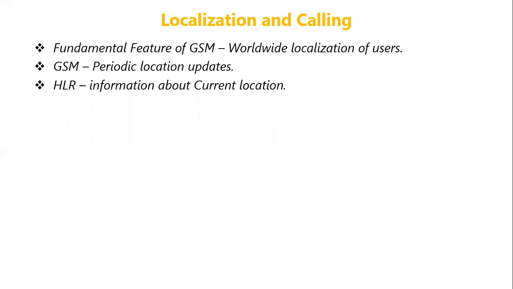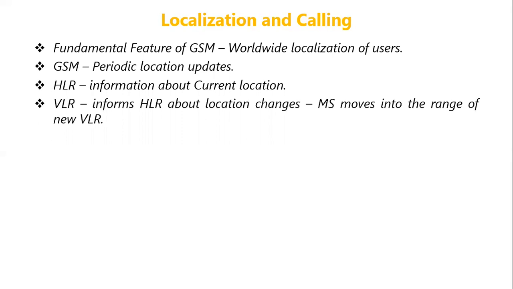The HLR, or Home Location Register, always contains the information about the current location of the user. Similarly, the VLR, which is currently responsible for the particular mobile station, will inform the HLR about the location changes.